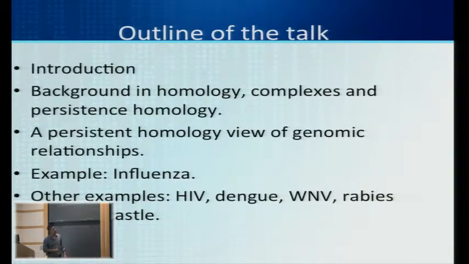Then how we can map a problem in genomics to persistent homology, and how we can read properties of evolution through persistent homology and the other way around, okay? Then we are going to my favorite organism, flu, influenza. And then I will briefly mention other examples. After the talk, I will be happy to discuss other things with you.